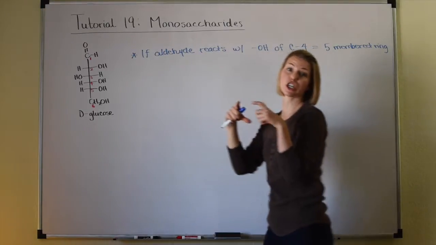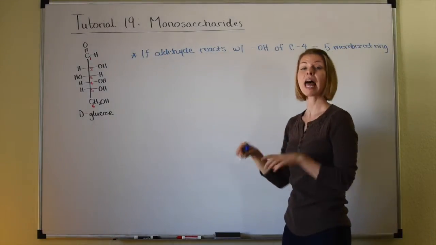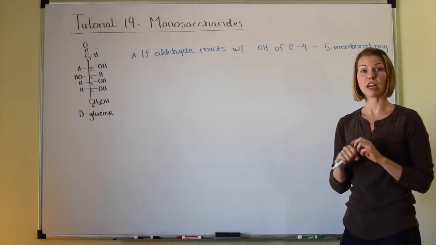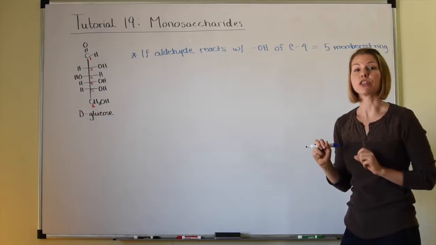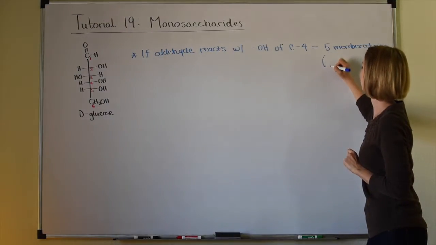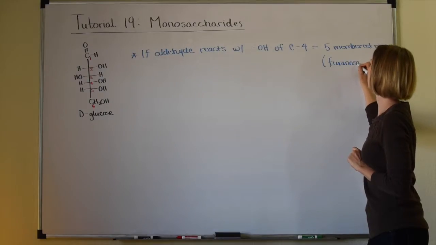Remember, the oxygen's going to end up as part of the cyclic hemiacetal, so a 5-membered ring. The 5-membered ring form of a monosaccharide is called the Furanose form. I'm going to write that in parentheses here. This is the Furanose form.